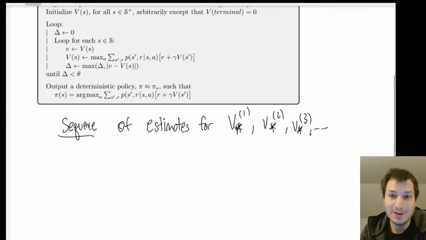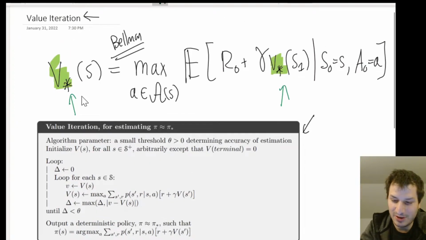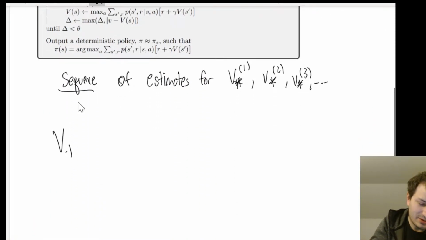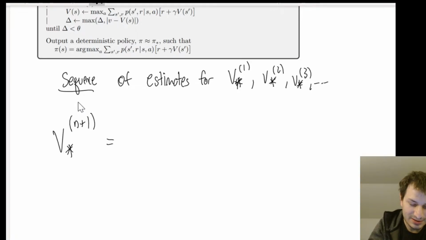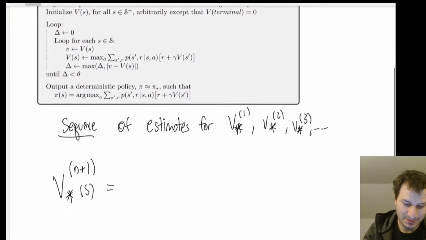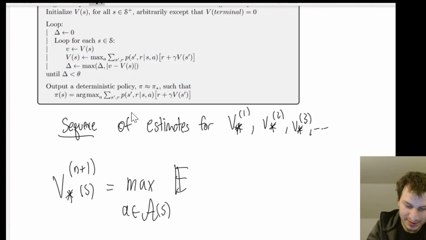And what is the sequence? Well, we got a V star on the left and a V star on the right. What is the sequence going to be? We're going to start off with some arbitrary guess, and we're going to update it. The next guess is equal to the expected value of the previous guess: the maximum over A in A(S) of R plus gamma times V star of the previous guess.